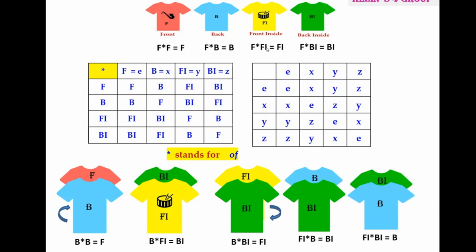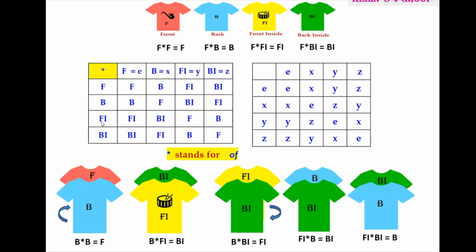Once you turn the t-shirt inside out, the front will become front inside, and then the back will become back inside. So back of front inside will be back inside, and back of back inside will be front inside.